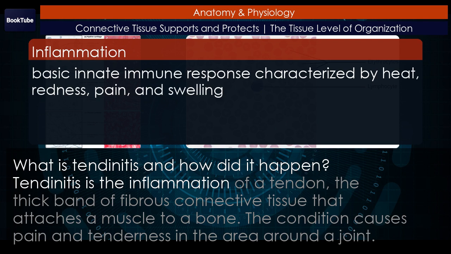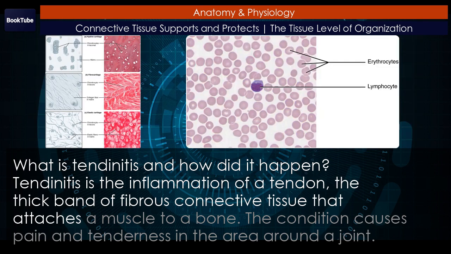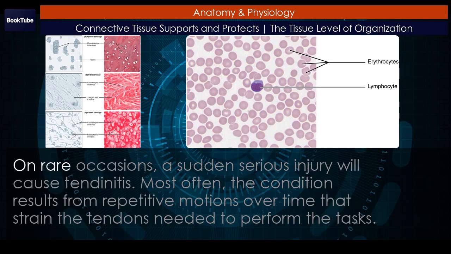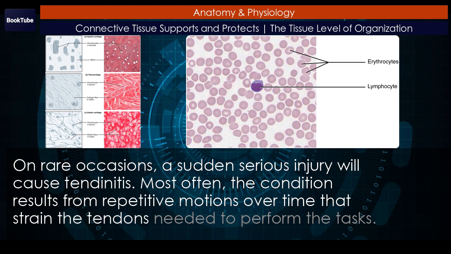Tendinitis is the inflammation of a tendon, the thick band of fibrous connective tissue that attaches a muscle to a bone. The condition causes pain and tenderness in the area around a joint. On rare occasions, a sudden serious injury will cause tendinitis. Most often, the condition results from repetitive motions over time that strain the tendons needed to perform the tasks.